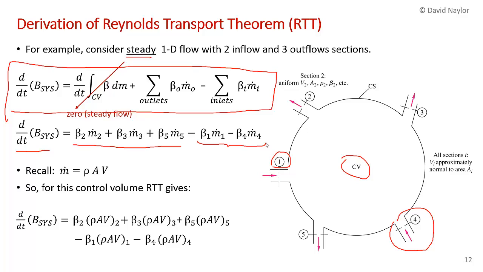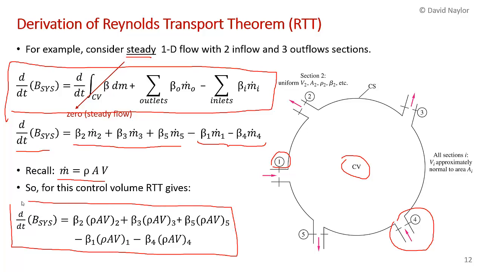And we recall from the previous video that the mass flow rate can be expressed as rho A V, and we're using a one-dimensional flow approximation here, so we're assuming that the velocity and the property beta are uniform at each cross-section. We can simply express the result of Reynolds Transport Theorem. So for this control volume, the rate of change of B in the system can be expressed very simply.